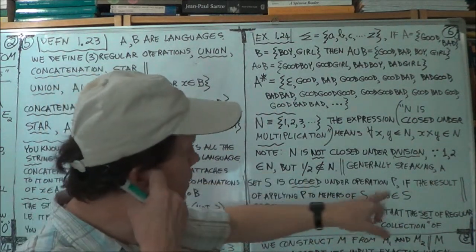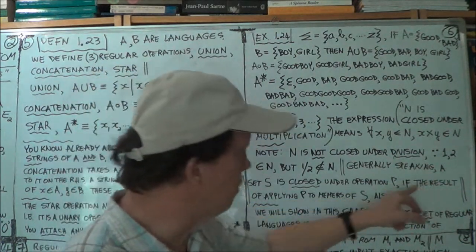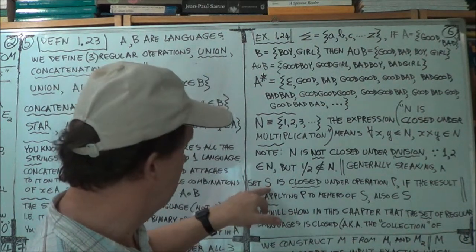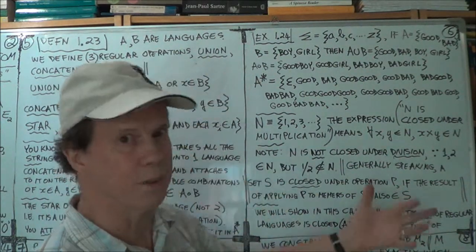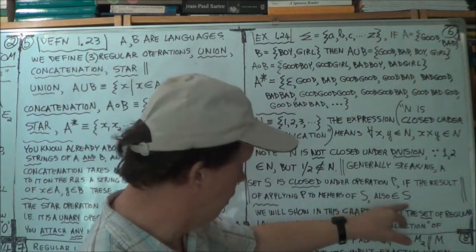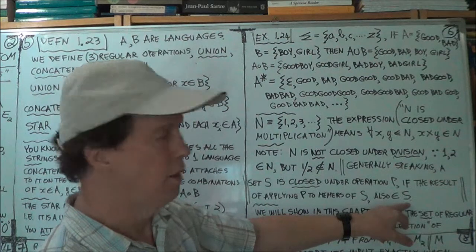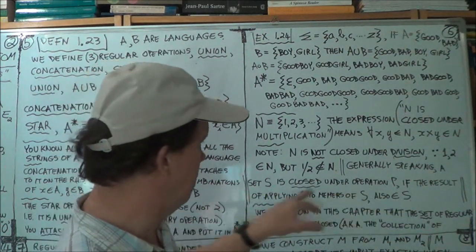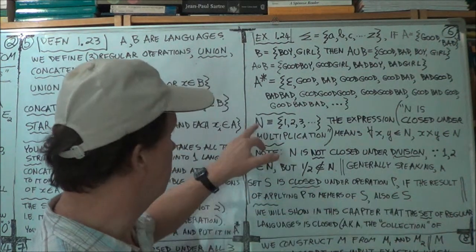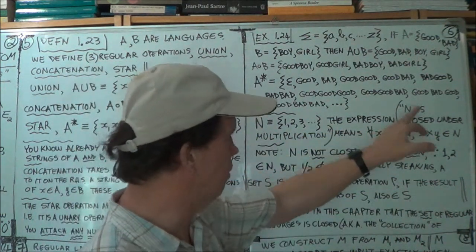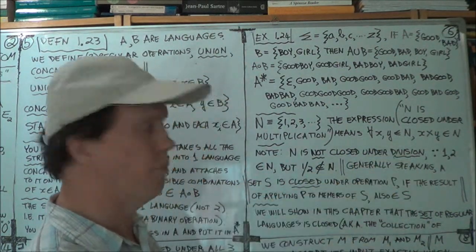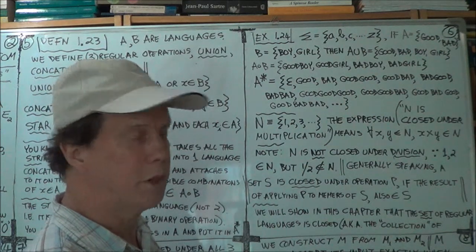So in general, if the result, after you apply your operation to one or more members of your set, also belongs to the same set, then you say that set is closed under that operation. For example, N is closed under the operation multiply. N is not closed under the operation divide. Is that fairly clear? All right.